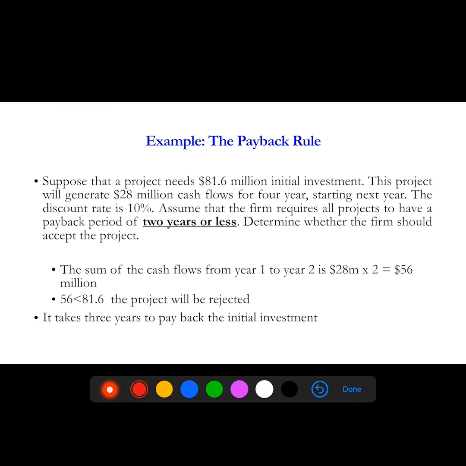If you remember from our NPV video, we accepted this project because it has a positive NPV. So in reality, we need to stick with the NPV rule. But for this example, the answer would be rejecting the project based on the payback rule.